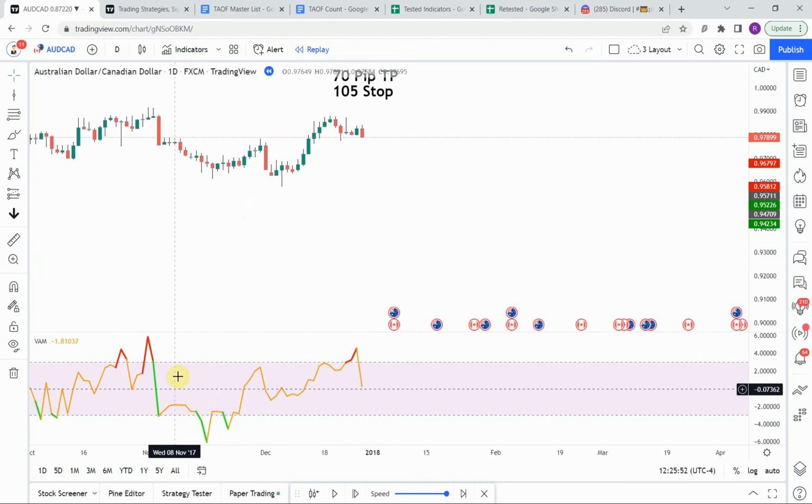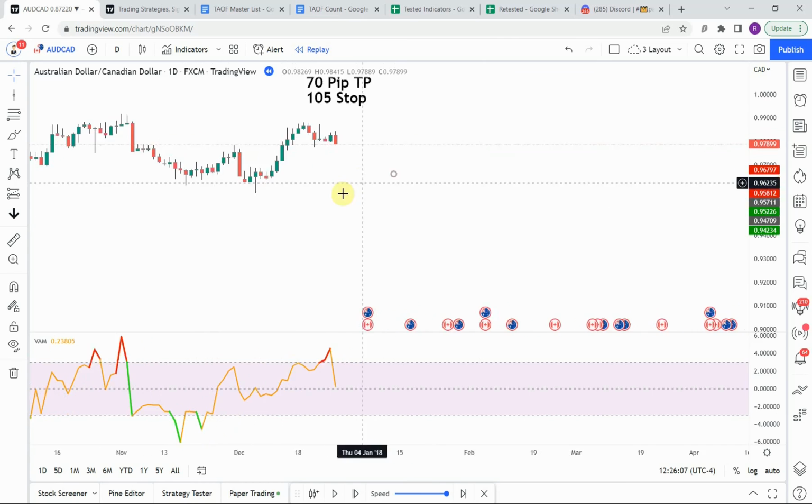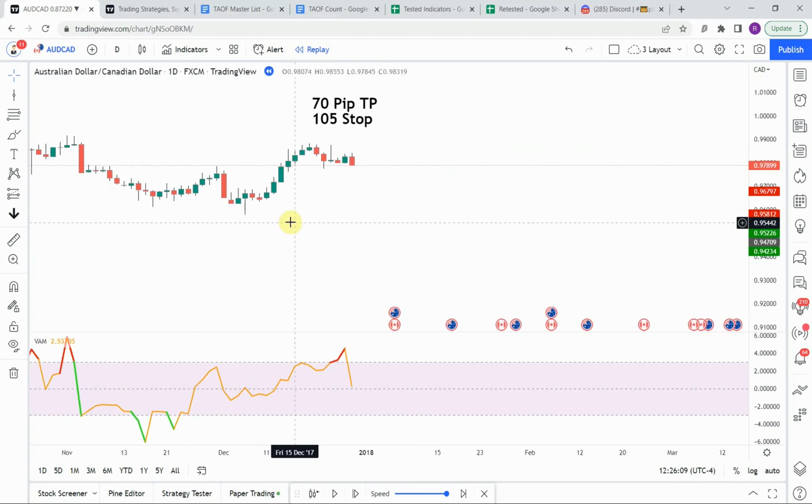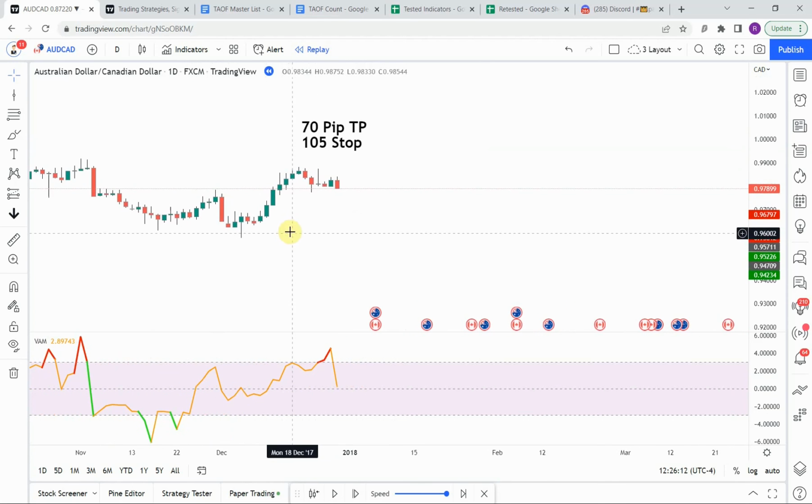On the reverse side, when it breaks down below, we get that green color in the line, and then we are looking for the oscillating line to pass back into the center zone, and close back into that center zone, and that will be a signal to go long. And so that's the setup we're looking for. Let's go ahead and get on with the testing and see what we can get out of it.